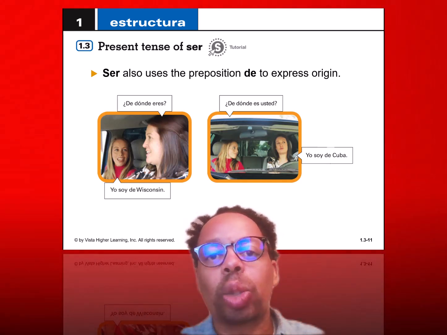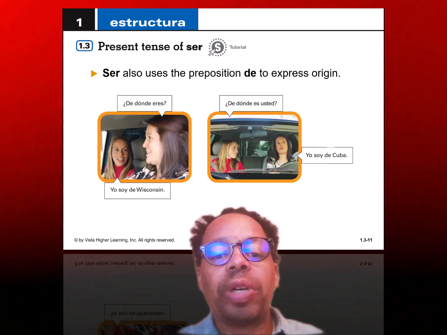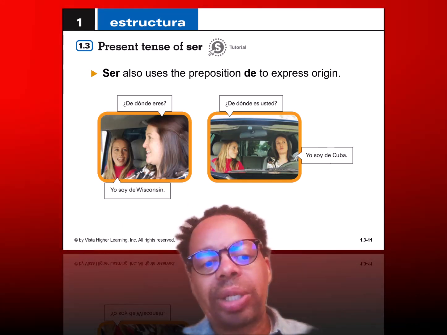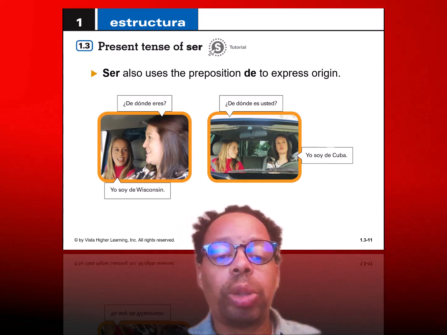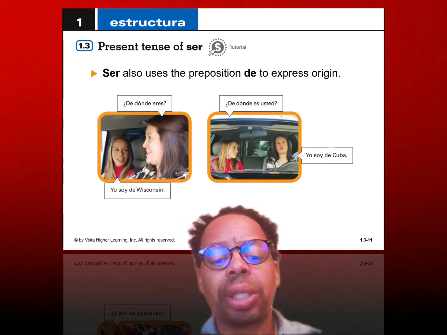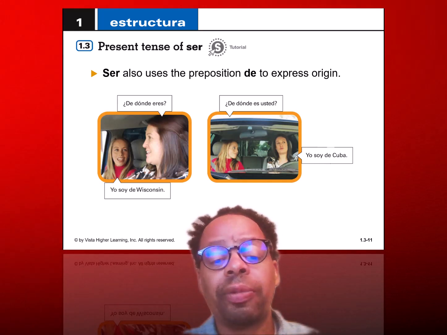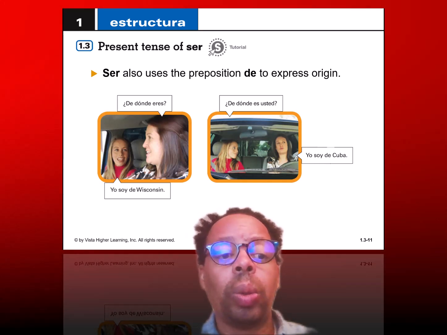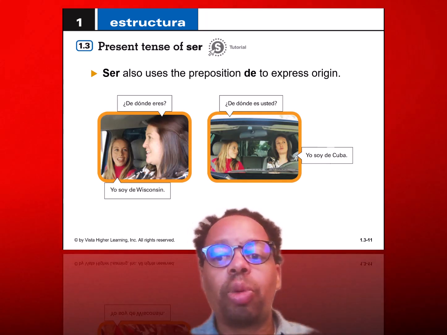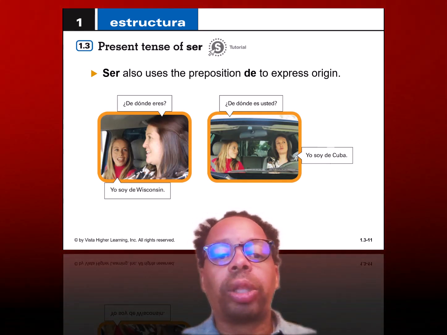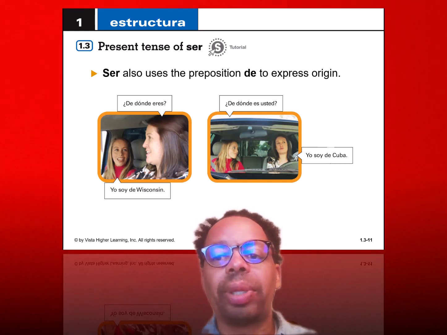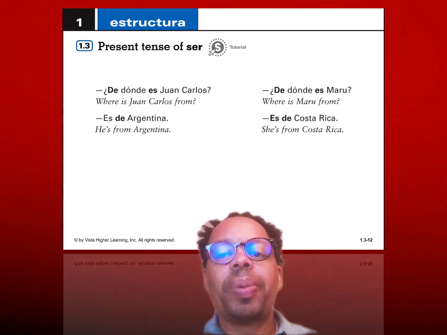Yo soy de Cuba. So the questions you've probably seen before, which we have reviewed in the dialogue situations, and in the vocabulary at the beginning of this chapter. So it's not really anything new, but just giving you some more reinforcement about using this verb ser.